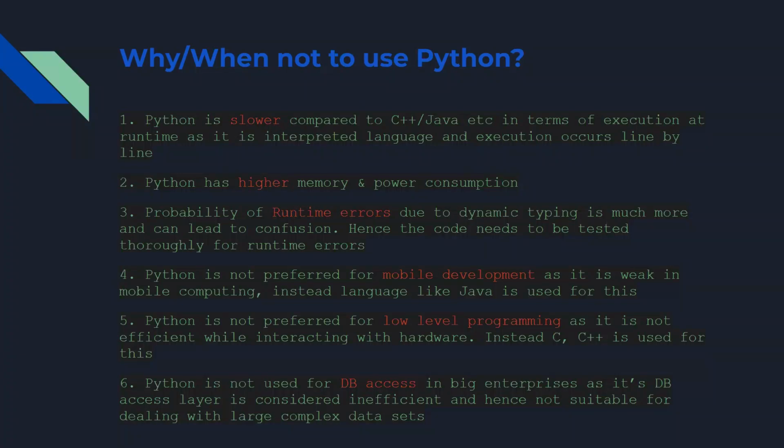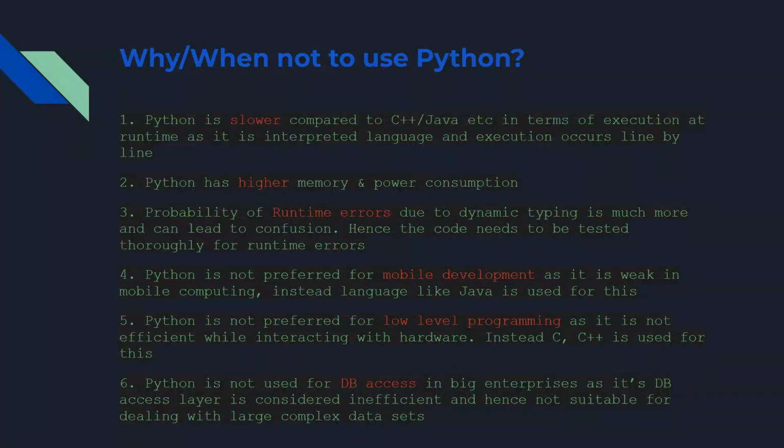Now moving on to the next point, Python is also not preferred for low-level programming. You might have seen that in low-level programming, C is used widely, and C++ is also used widely. Python is not preferred because it is not that efficient in interacting with the hardware.